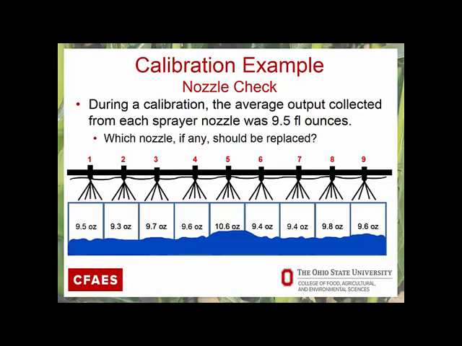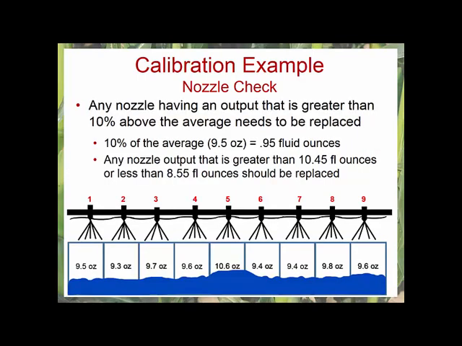And then the actual outputs from each of the nozzles is shown on the slide. The question that you might consider is which nozzle of any of these should be replaced.